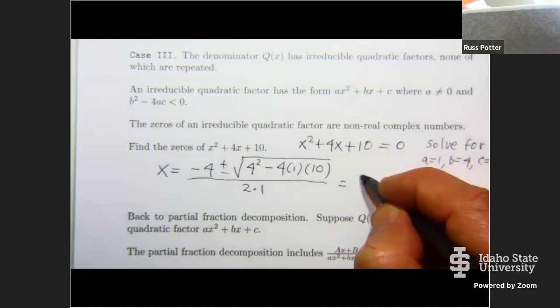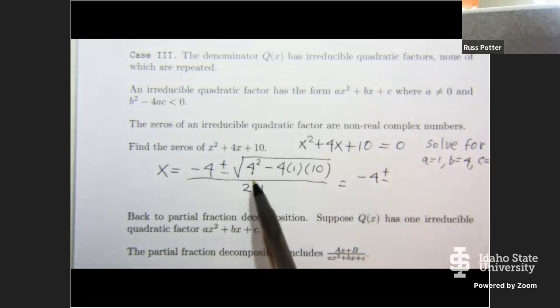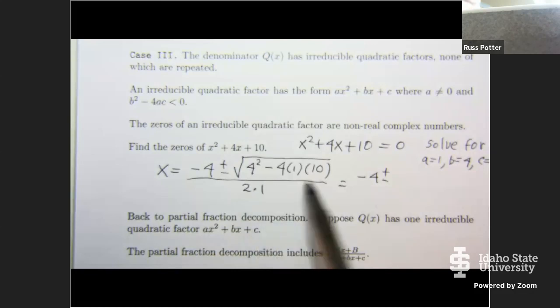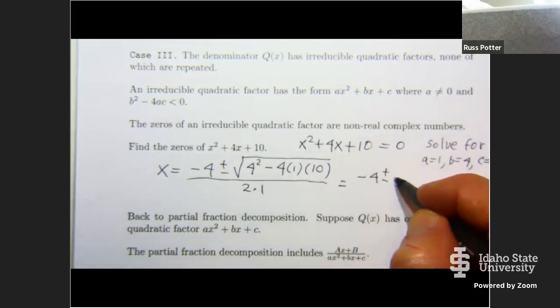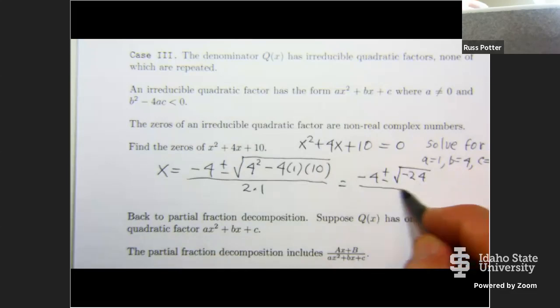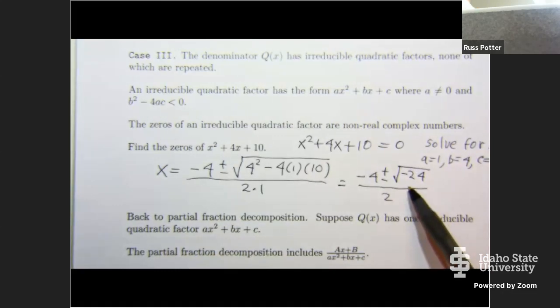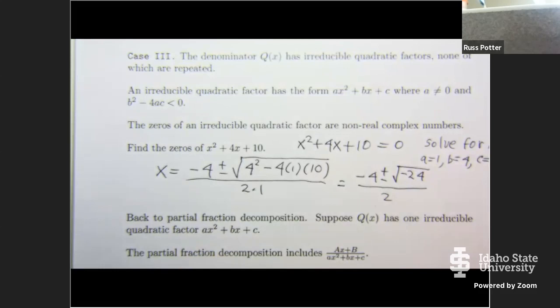When we do the arithmetic, we get negative 4 plus and minus the square root of 16 minus 40, which is negative 24, all divided by 2. And then remember that the square root of a negative involves the imaginary unit i, which is the square root of negative 1.